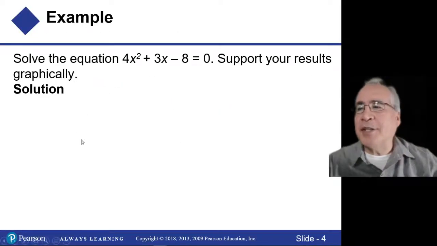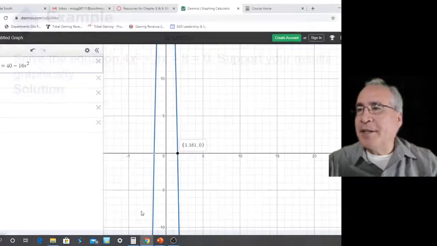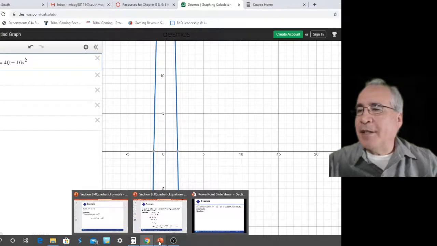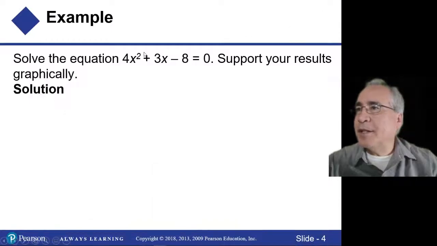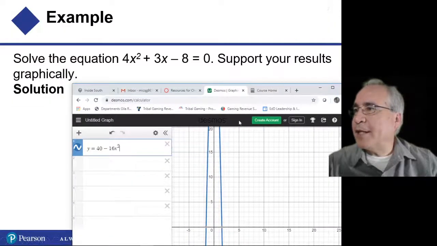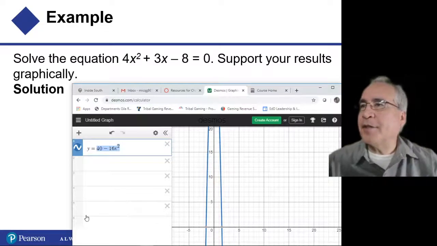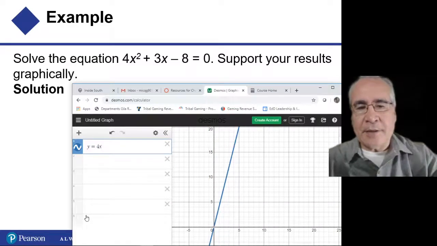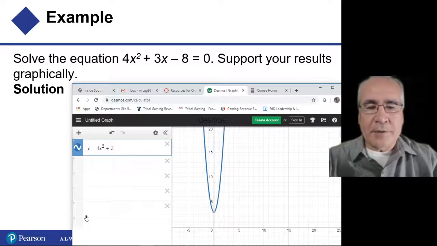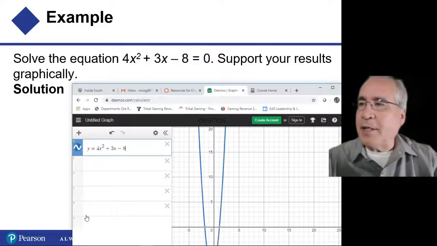I'm going to do it first with the graphing method. Okay, 4x squared plus 3x minus 8. Let's go back down to here. We can put it in this way first. So we'll go with 4x squared plus 3x minus 8.